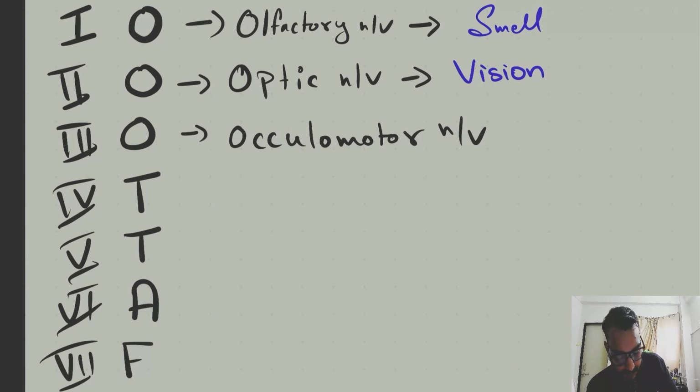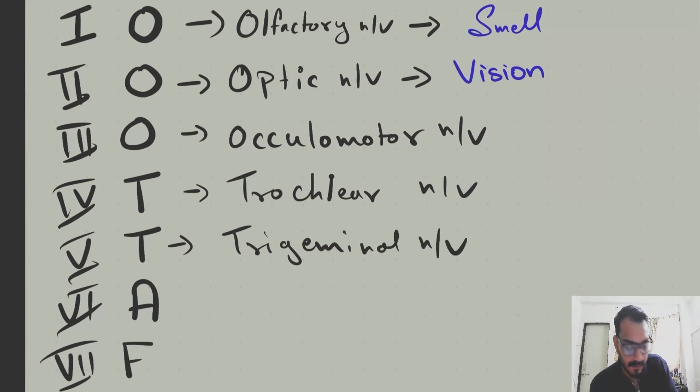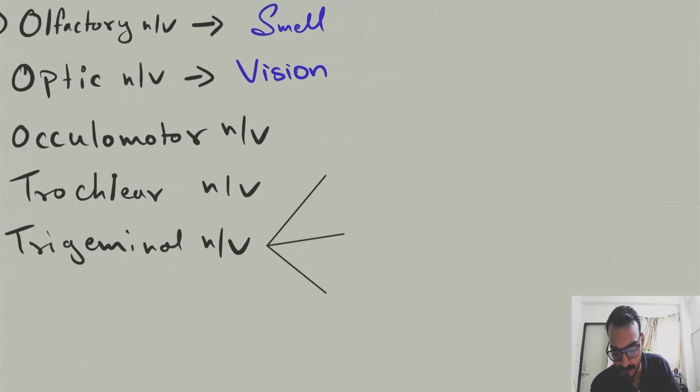Then we have T, trochlear nerve. Then again T, trigeminal nerve. This trigeminal nerve is having 3 parts, guys. It is divided into 3 parts: V1, V2 and V3.